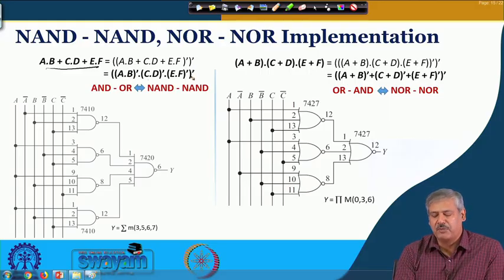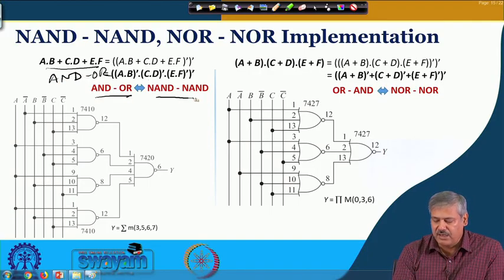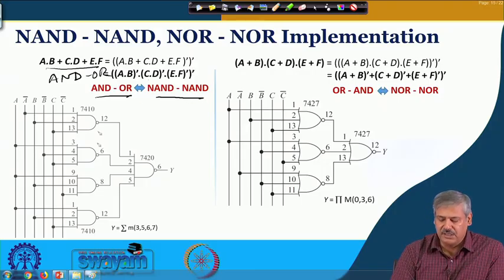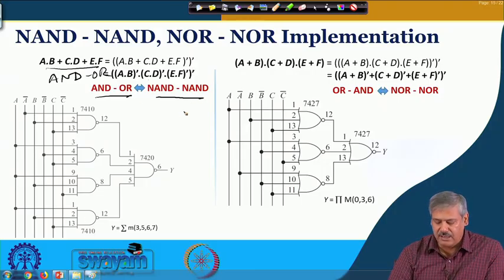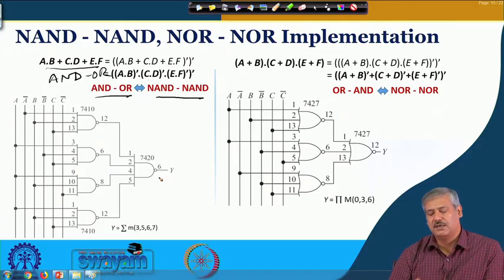That means another NAND operation is involved in the last stage, the second level, and you get the same SOP. Instead of AND and OR, you have a NAND replacing the AND bank and another NAND replacing the final OR gate. By this you are using only one variety of gates.